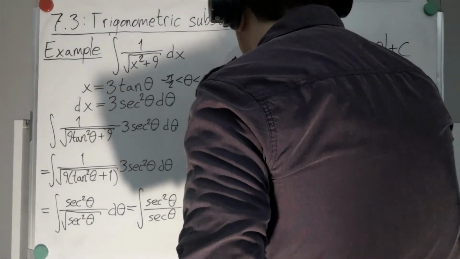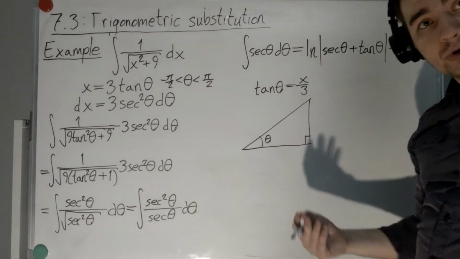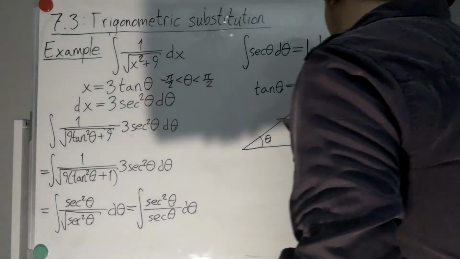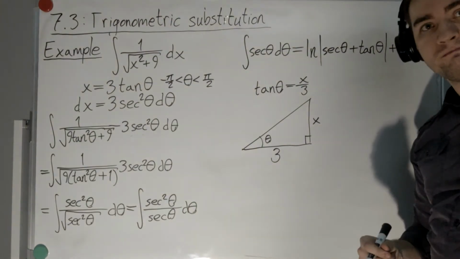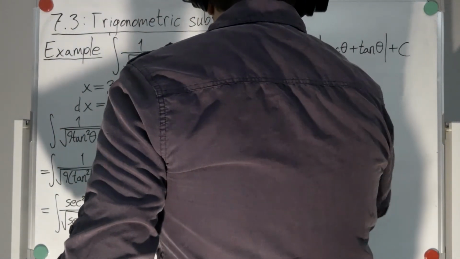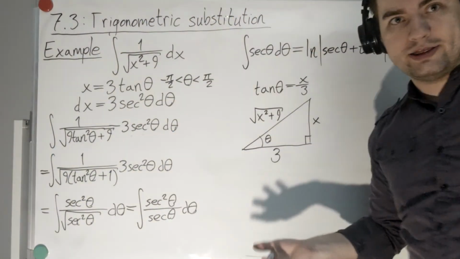Let's say theta is right there. Now tangent theta in a right triangle is opposite over adjacent, which means that this opposite side is x and this adjacent side is 3. In that case, the hypotenuse has got to be the square root of x squared plus 9, because that's the Pythagorean theorem.